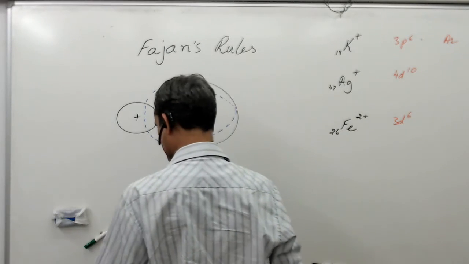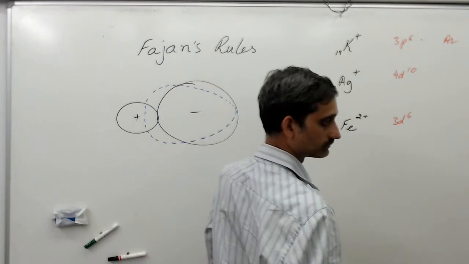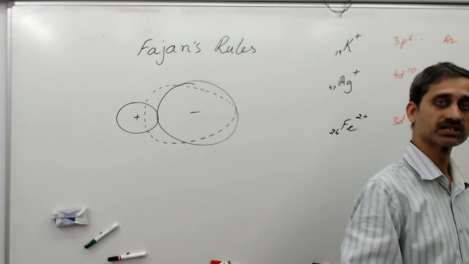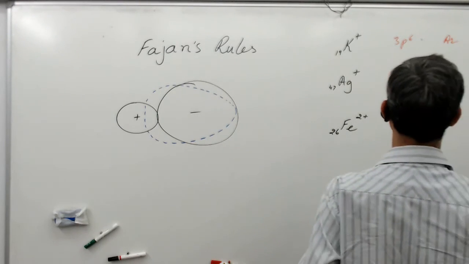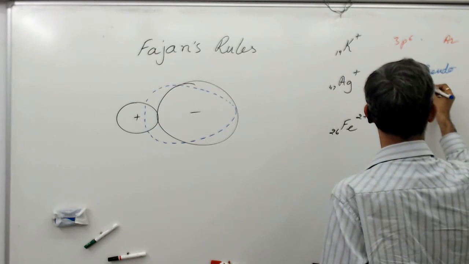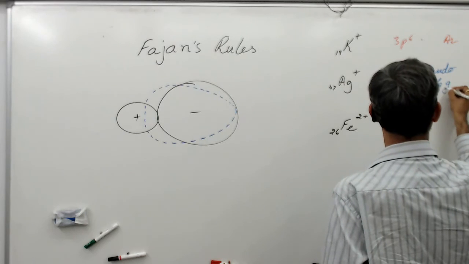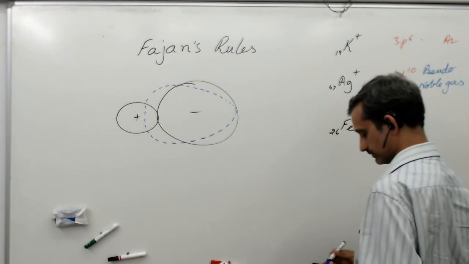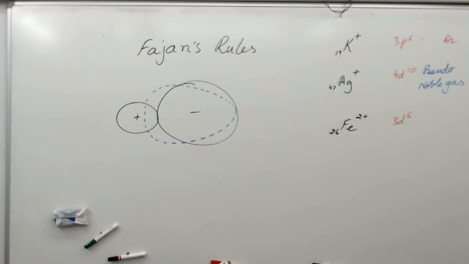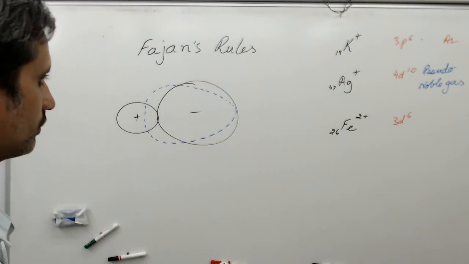It behaves like a noble gas configuration, but it is not one. Something which behaves like something it is not is called pseudo. So this is called pseudo noble gas configuration.